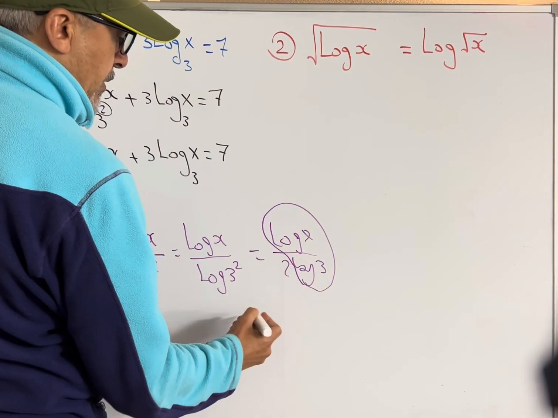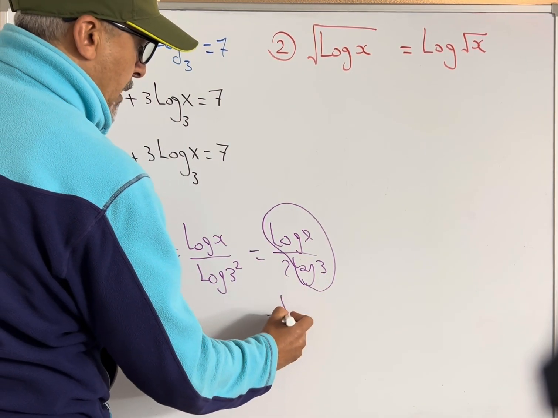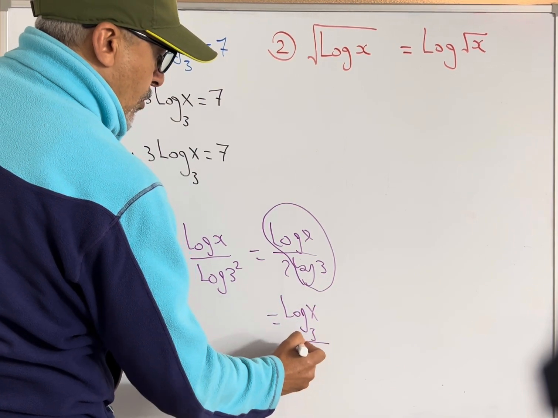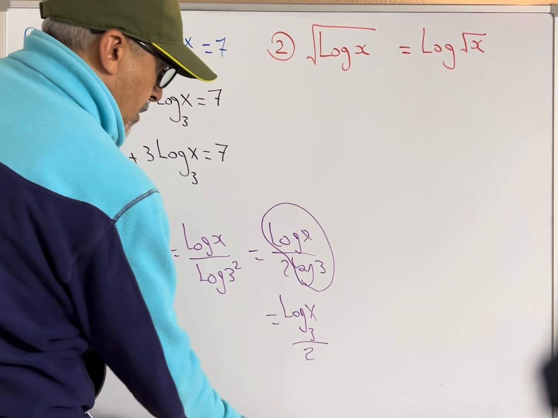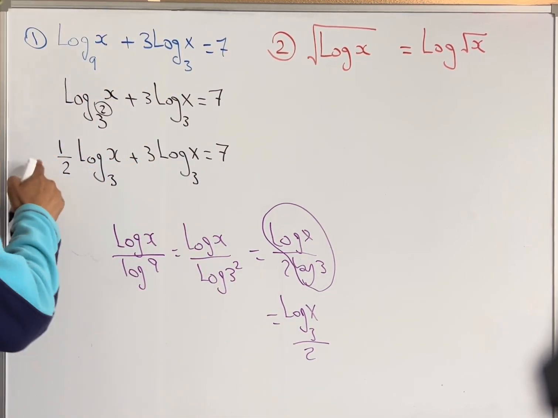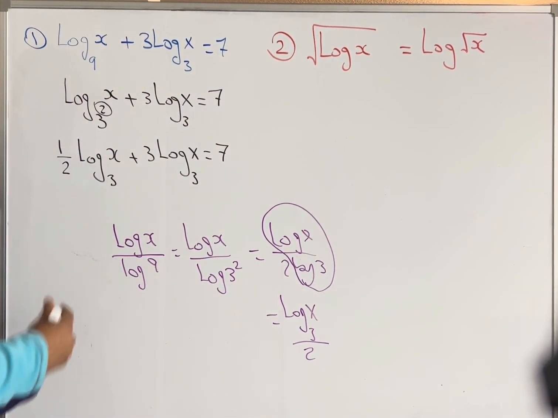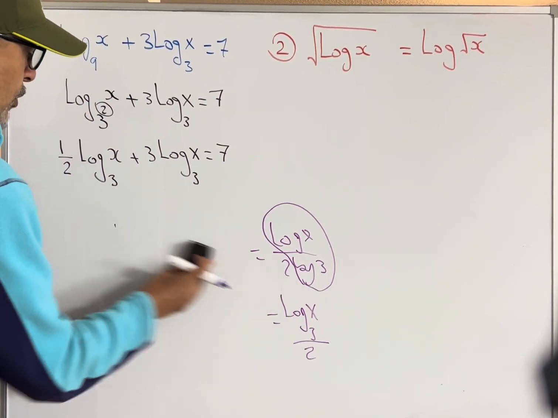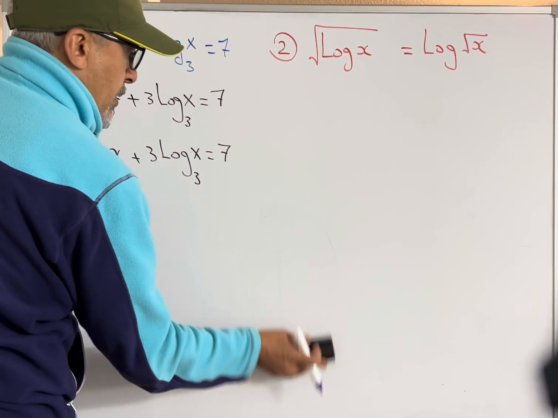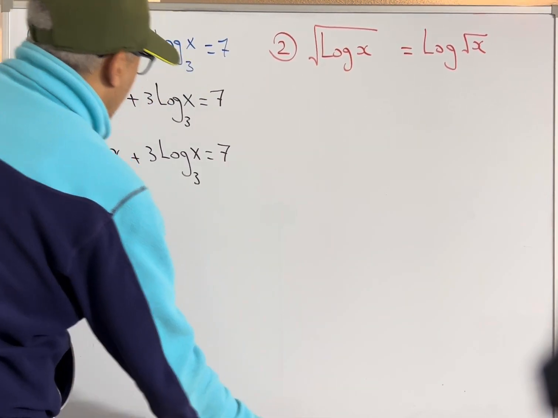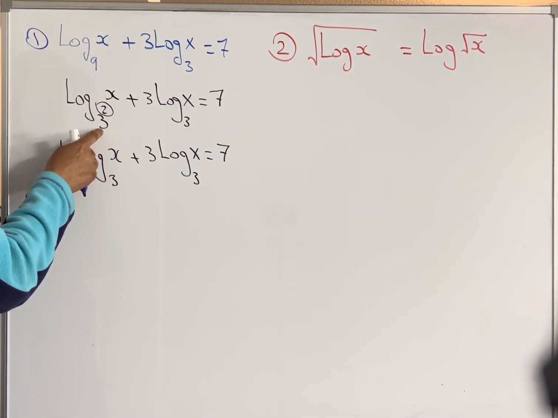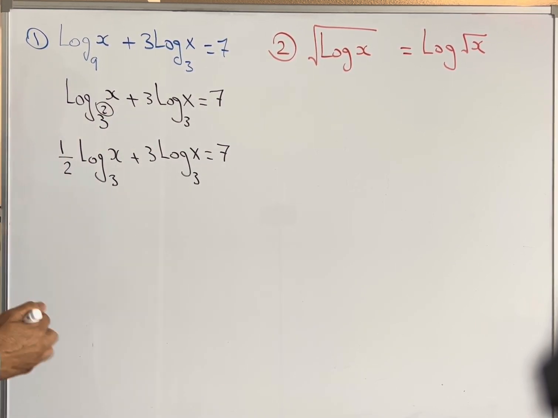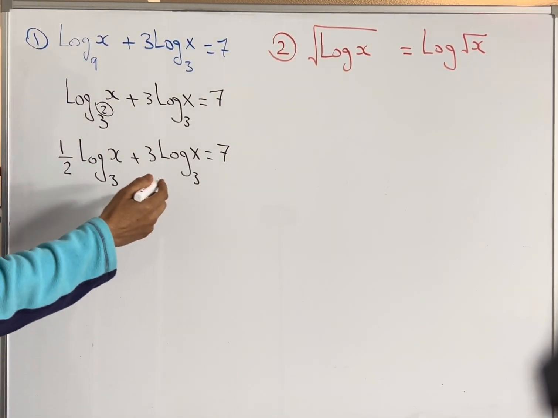So this here, we could make it log base 3 x over 2, which is the same as 1/2 log base 3x. So that's how you know that you could do that all the time now, changing the base to 3 to the power of 2, and then that 2 becomes 1/2 in front of the log base 3x.